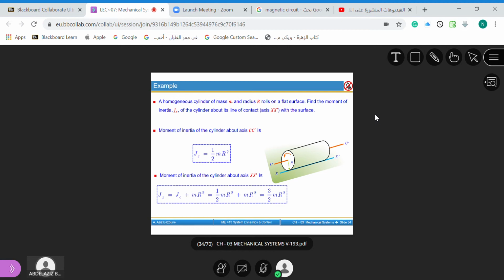So here we have another small example. We have a bar of length L and mass M. So Jg will be simply 1 over 12 M L square.